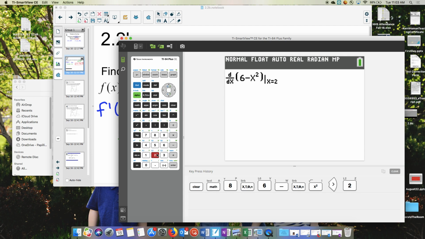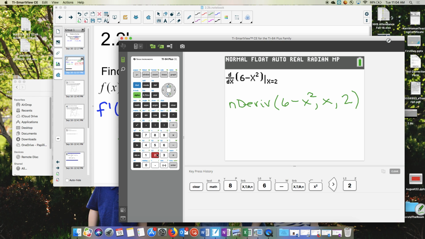Those of you who have the 83, you have nDeriv parentheses, right? You would want to put in your function, comma, that you want to take the derivative with respect to x, comma, and then the number you want to evaluate it at. The comma is by the parentheses.